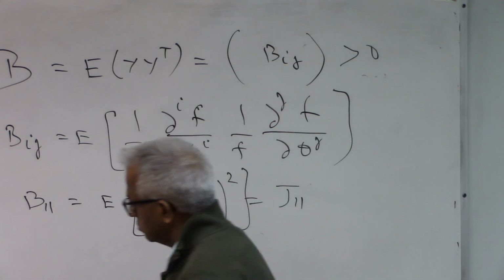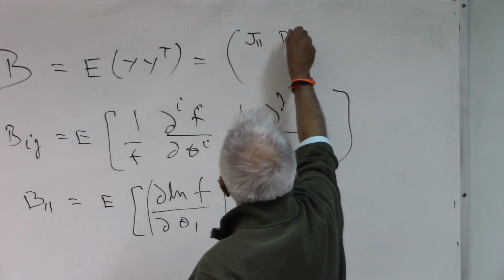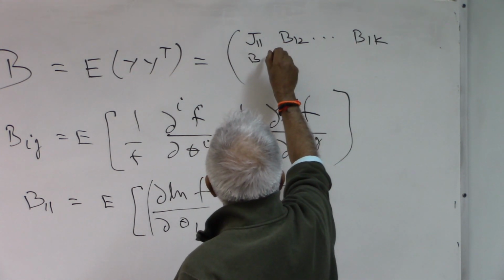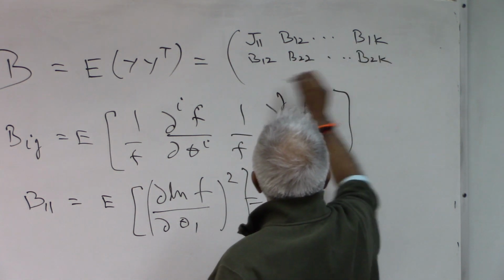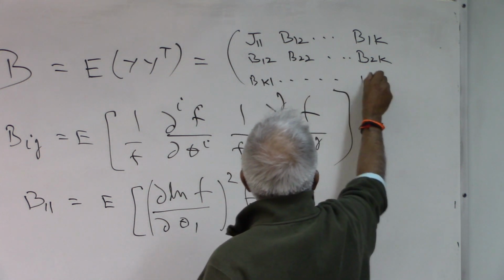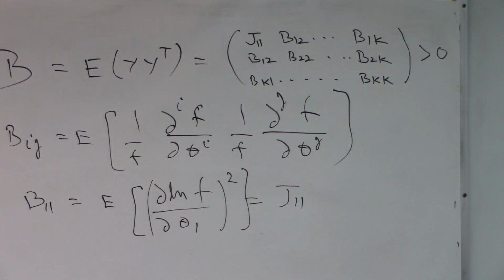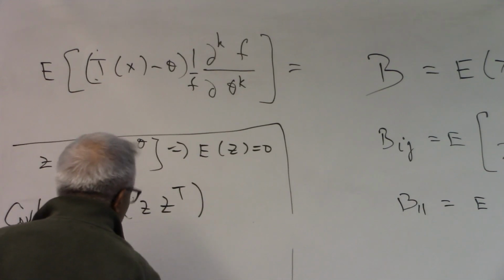So if you want the B matrix, you can write it like this. Let me rewrite this result.